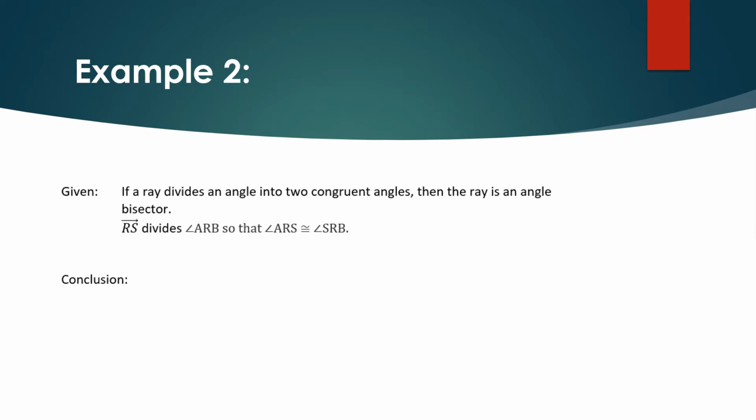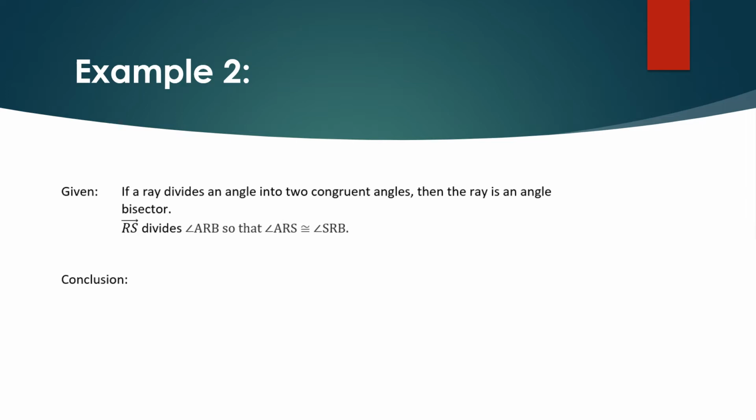Example 2, if a ray divides an angle into two congruent angles, then the ray is an angle bisector. Then it says that ray RS divides angle ARB so that ARS is congruent to SRB. So what is our conclusion here?